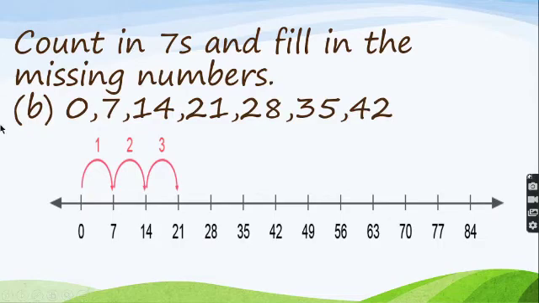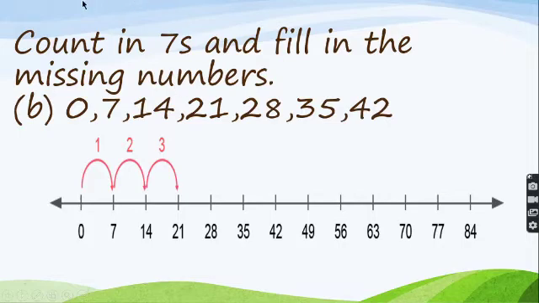When you start jumping from 0 and count in 7s, your answer will be 7. So you write 7 here in the missing number.